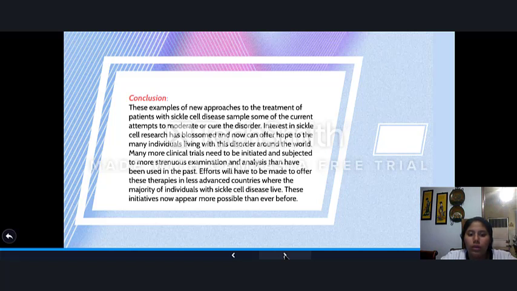Effort will have to be made to offer this disease therapy in less advanced countries where the majority of individuals with sickle cell disease live. And this now appears more possible than ever before.